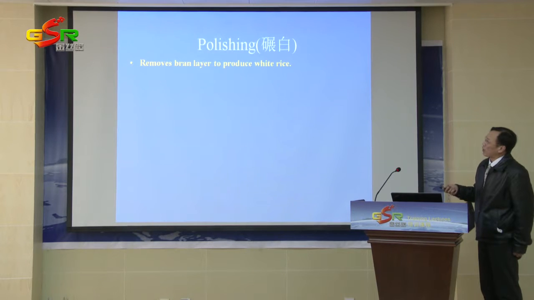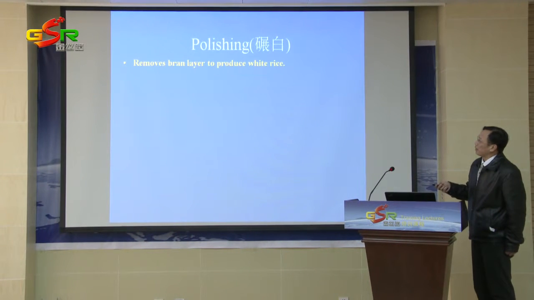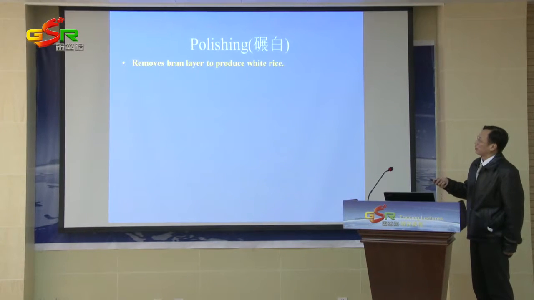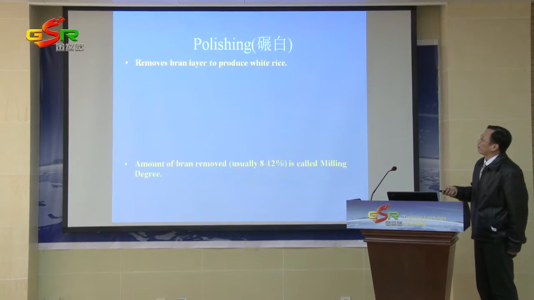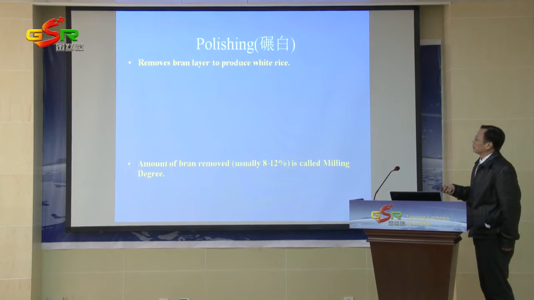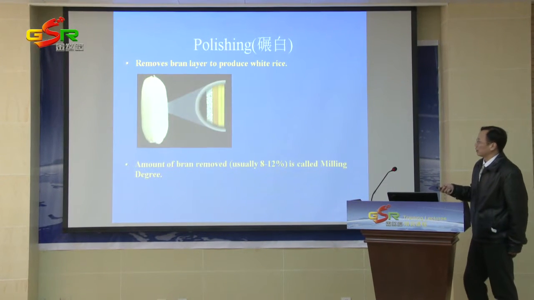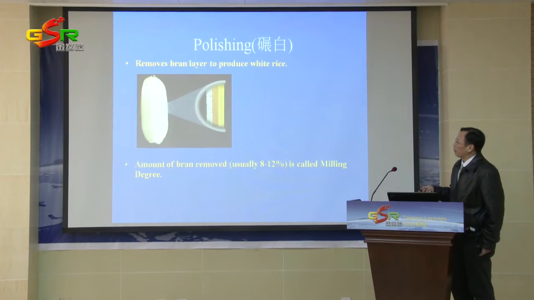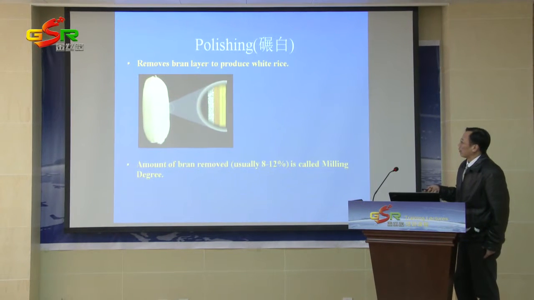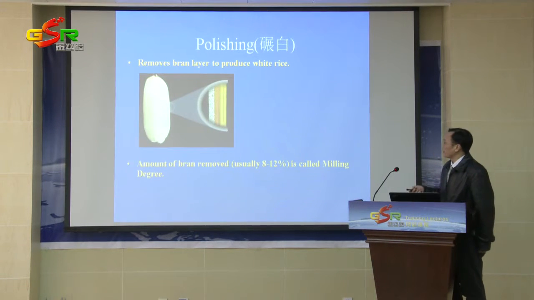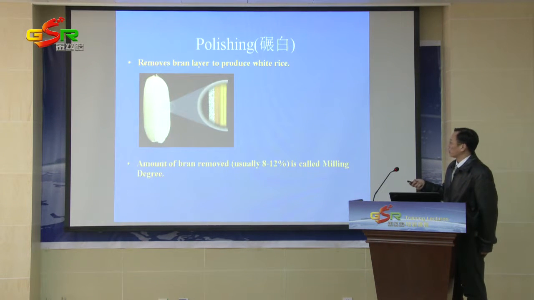After the cylinder, the cleaned, even brown rice can be sent to the polisher to remove the bran and produce white rice. Typically, the amount of bran removed, about 8 to 12%, is called the milling degree.